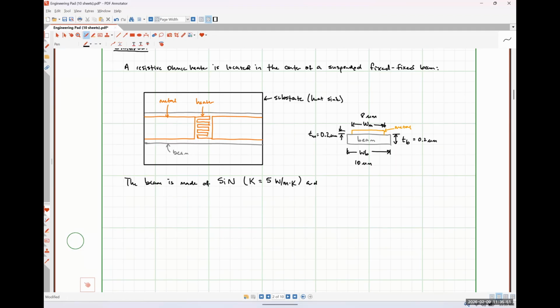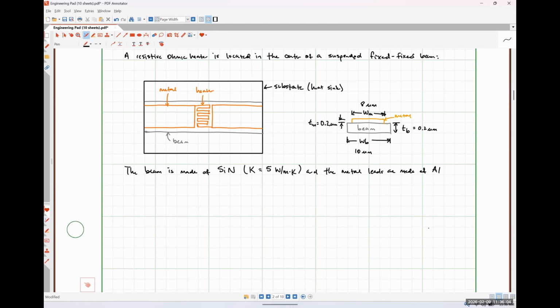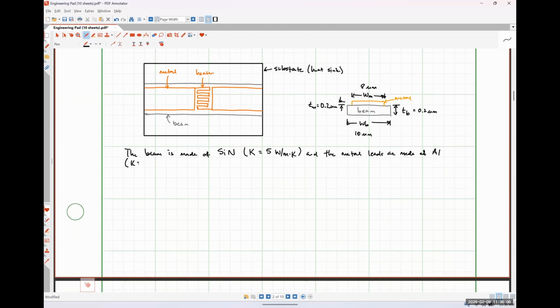And the metal leads are made of aluminum, which has a thermal conductivity of 240 watts per meter Kelvin.